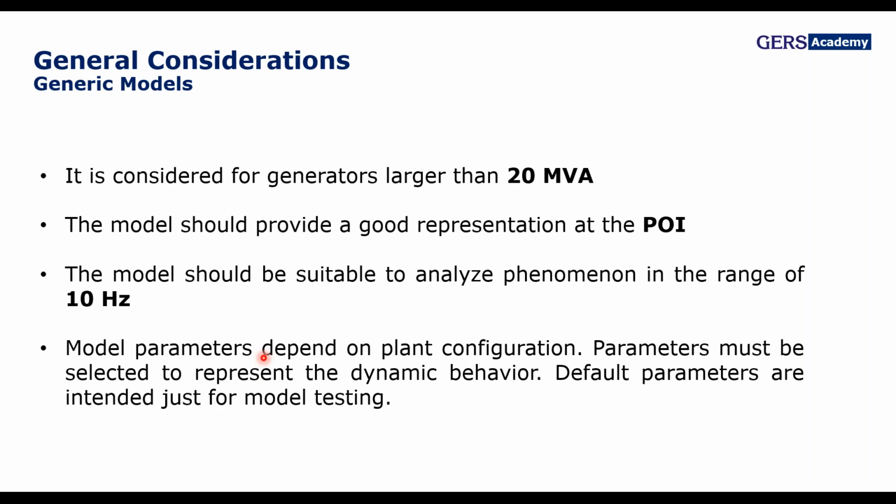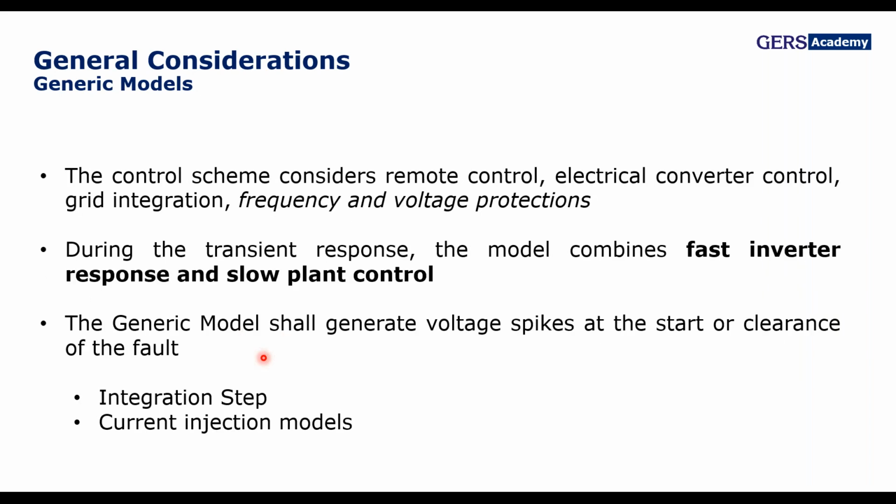The parameters depend on the plant configuration, the controllers, and the kind of technology that you are using for the converters. Similarly, the control schemes consider remote control, electrical converter control, grid integration, and frequency and voltage protection. But those are not in the models that we will show here.